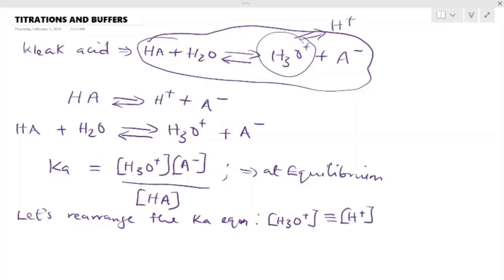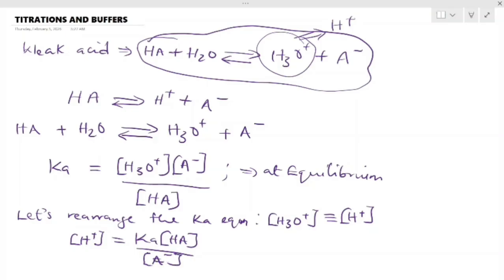In rearranging that equation, we'll have your H plus concentration equal to Ka times the concentration of HA, divided by the concentration of A minus.